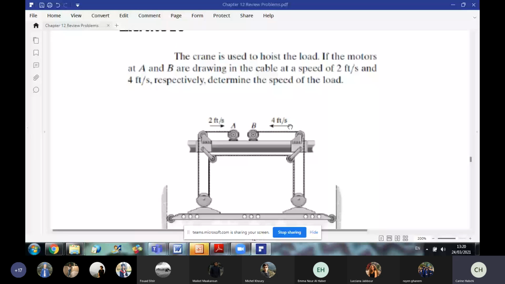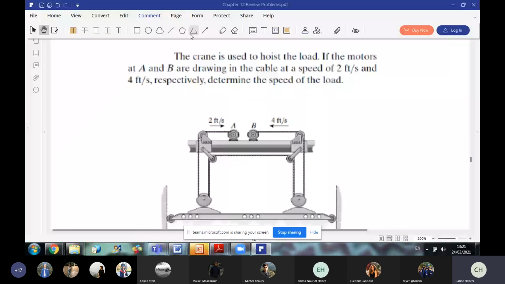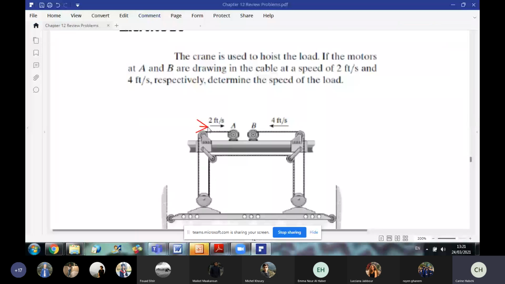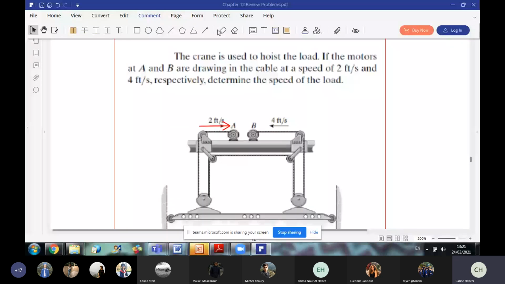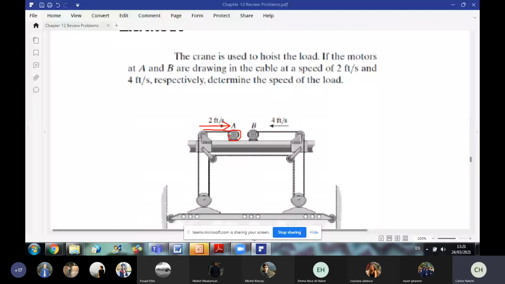So this is a problem of pulleys with a system of cords. First, we have two motors. These two motors are drawing cable inward. So what is happening is that I am taking a length of the cable and rolling it over the motor. Whenever you have a motor, you should take a coordinate for the motor.